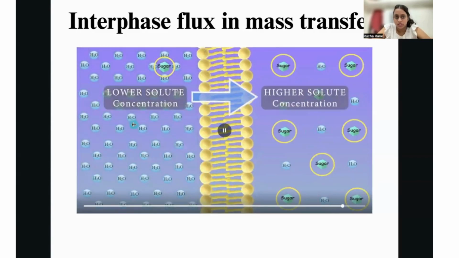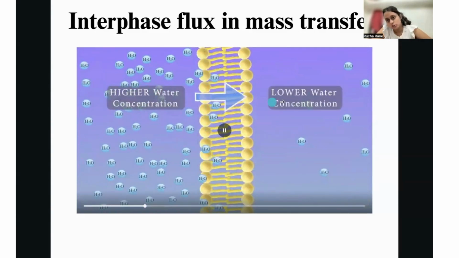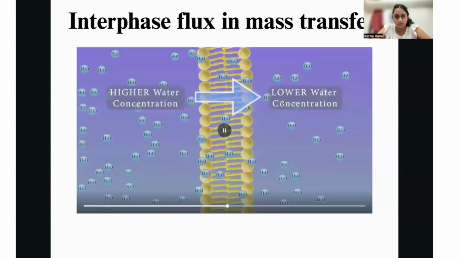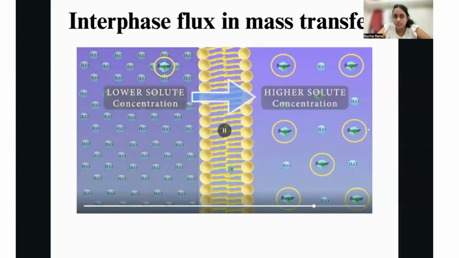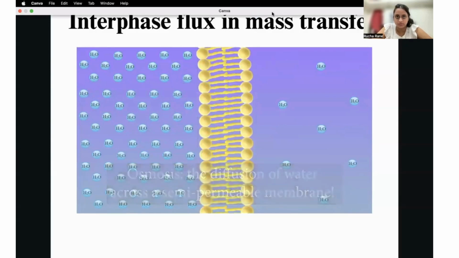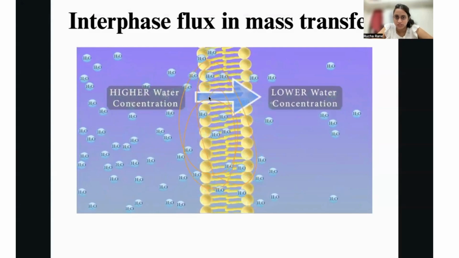So there was a higher concentration of water here, and thus it moved from higher to lower water concentration. Okay, so this is the basic principle of mass transfer. And this DNA type structure in between is what we can refer to as the interface.